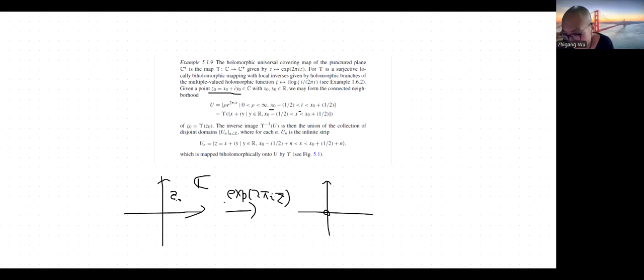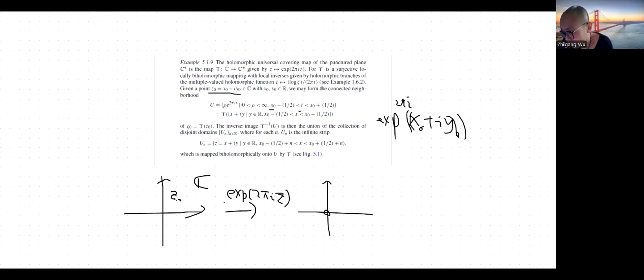Suppose that you have x naught plus i y naught. Then you take the exponential of 2 pi i times the whole thing.